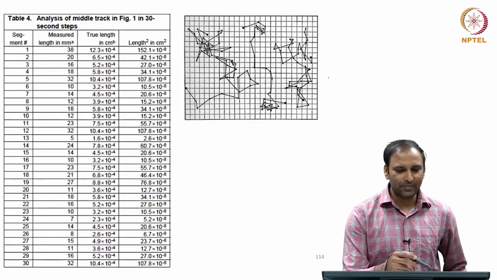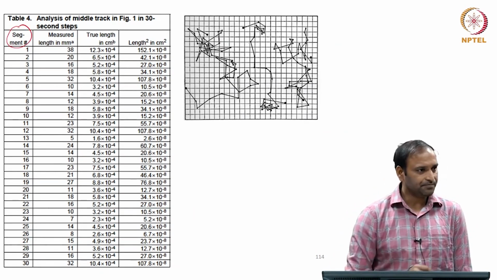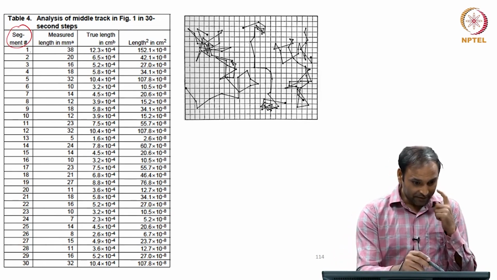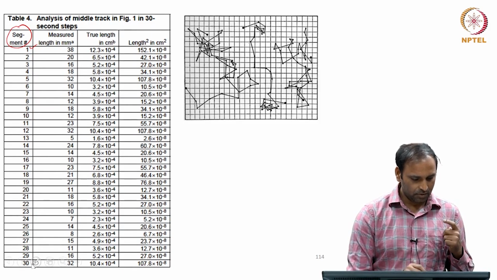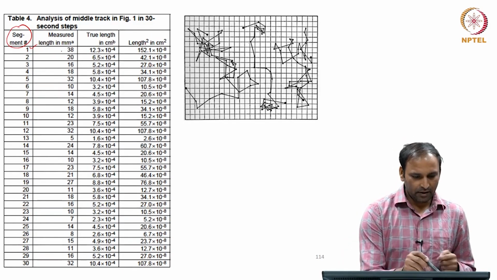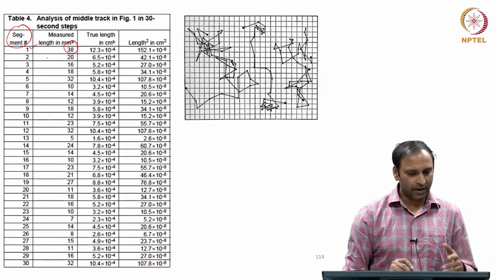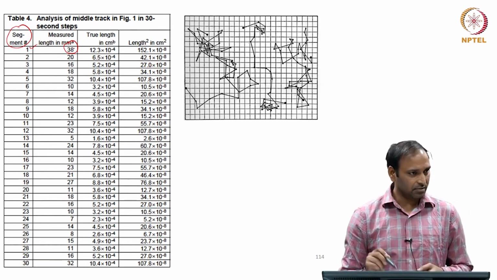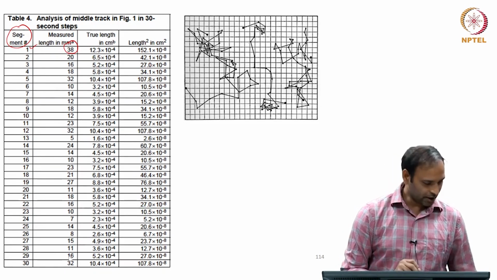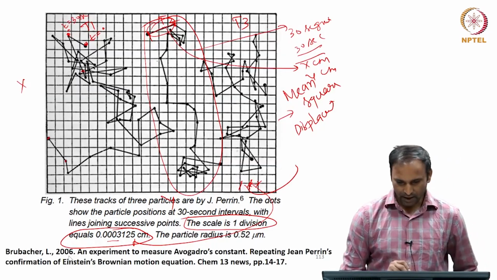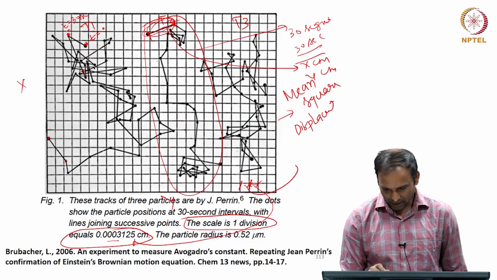So, that data is basically plotted here. This is the segment number, starting from 1 all the way up to 30. In the first segment the distance measured, in millimeter, is about 38, and the last one is 32. Let us go back and look at these. The first one was here, and the last one is here.